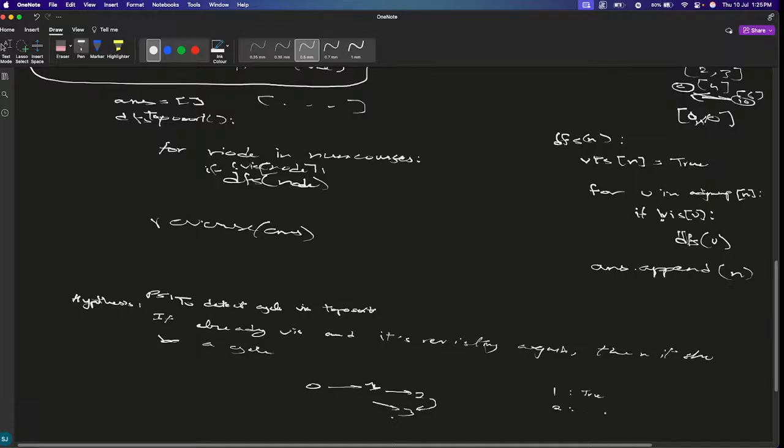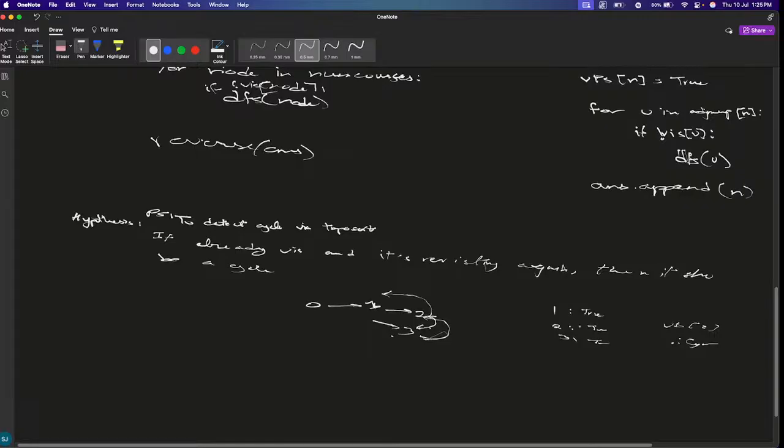Probably not, but I would have done 2 true and then 3 true. Once I would have been done with 3, does it have outgoing edges? No, it'll just go back over here and then over here. Then visited is true for 1 through 3, but that's definitely non-cyclic, but this is cyclic. So nope, that's wrong.